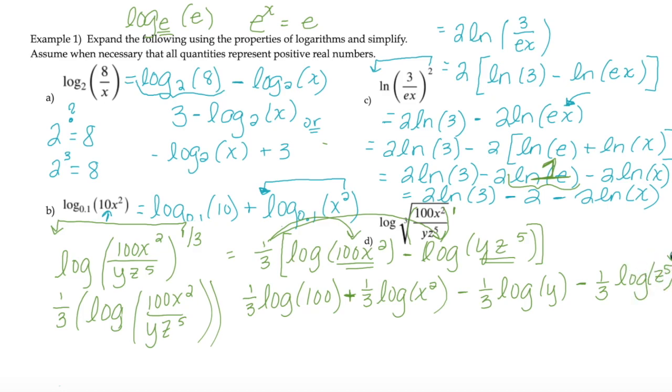And I want you to be careful and pay attention to those negatives, because ultimately that 1/3 would go in front of this log here. So it'd be negative 1/3 that you're distributing to the addition when you're breaking apart your product. So be careful with the negatives. If you need to write more steps, please do so.